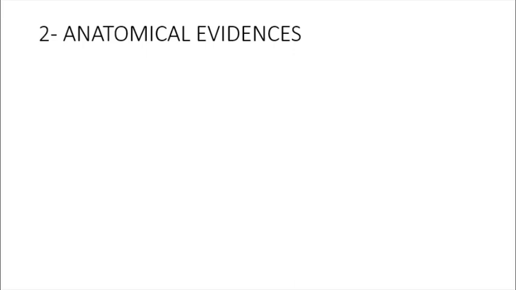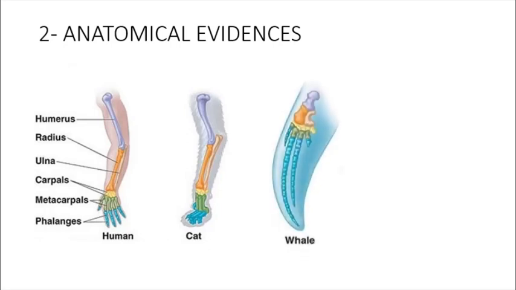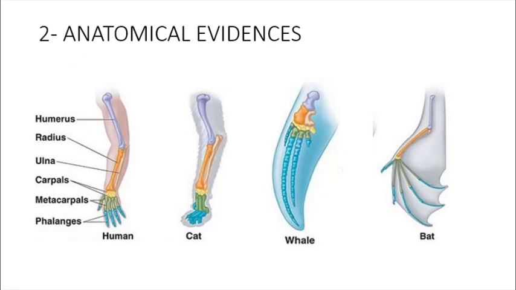So, if we observe the hand of a human, a cat's foreleg, flipper of a whale, and patagium of a bat, if we just look at them, these structures may not look similar to us. Even the use of these varies according to the animal.